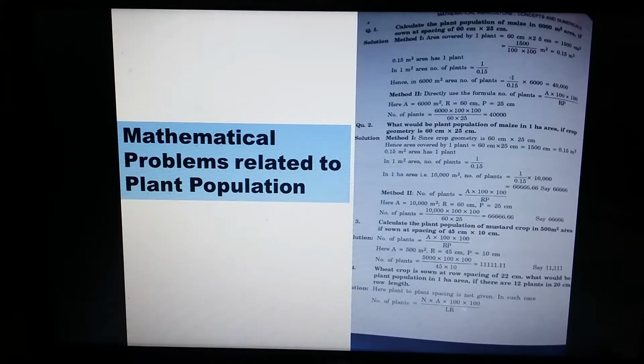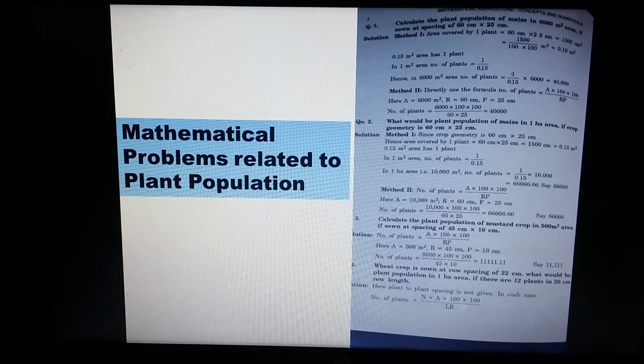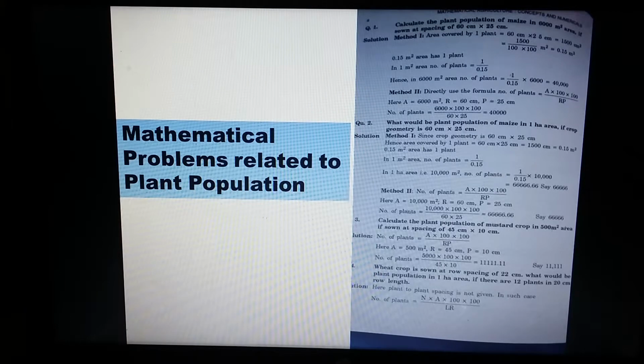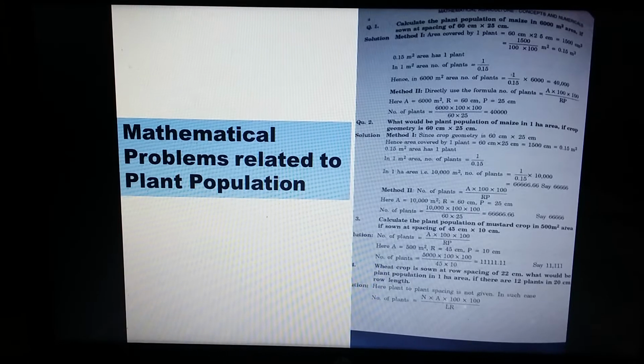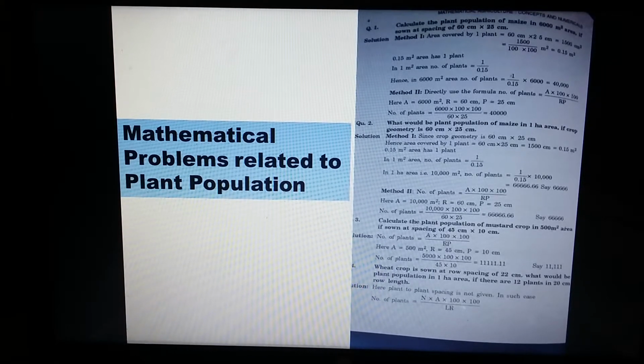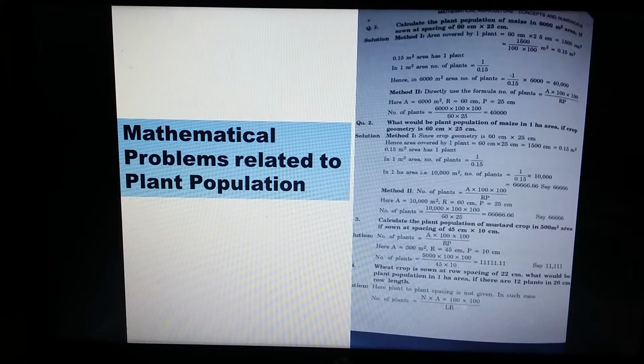So according to the formula we know plant population equal to A into 100 into 100 divided by R into P. So A, that is area, that is 1 hectare, that means 10,000 meter square, and R, that means 60 centimeter, P, that means 25 centimeter. So put all those values into the formula.